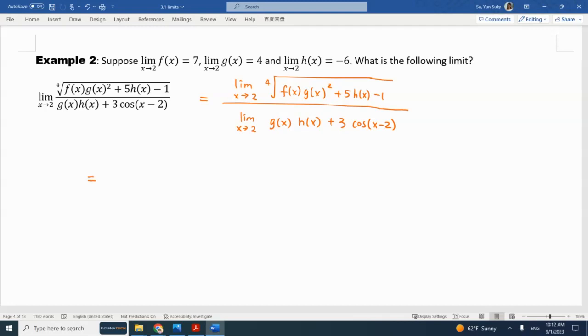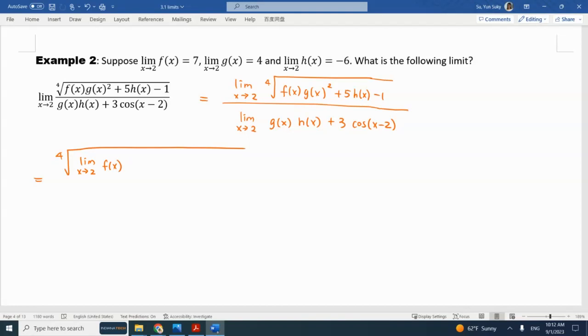Is that okay, everybody? So we use the limit laws. Limit of quotient is quotient of limits. You kind of like move the limit inside and kind of like distribute it. See, this is a 4th root, so we can move the limit inside the 4th root. Yes, everybody? All right, so we got the 4th root. And we get limit x goes to 2, f of x.